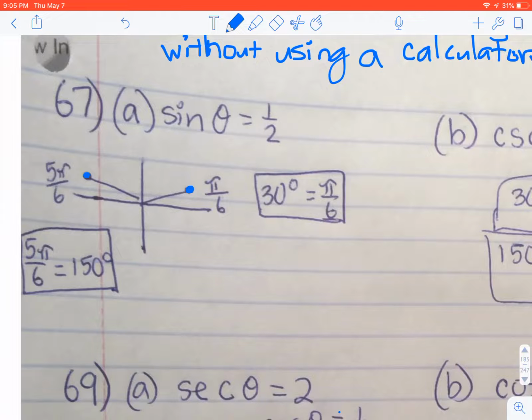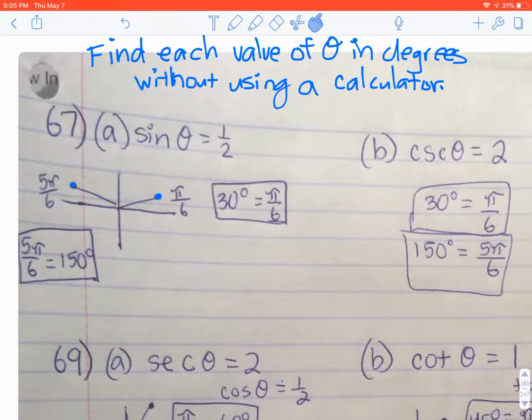So over here, when it's positive, it's pi over 6, which is 30 degrees. And in quadrant 2, it's 5 pi over 6, which is 150 degrees. So the book only gives you solutions for quadrant 1, but again, we wanted you to try to find all of them, not just quadrant 1.